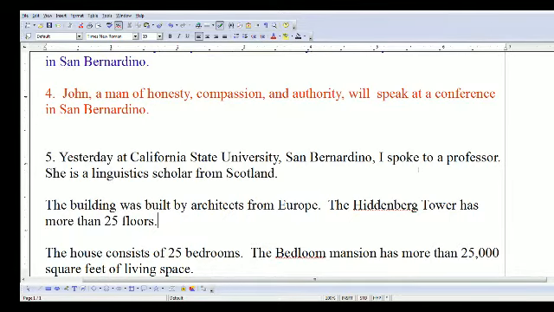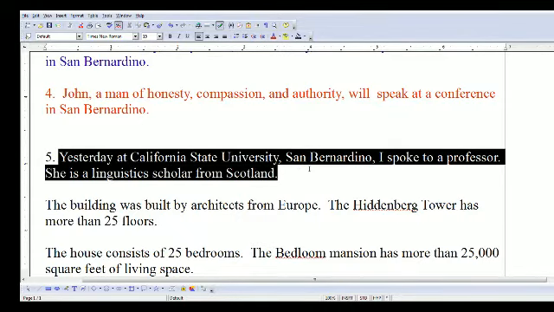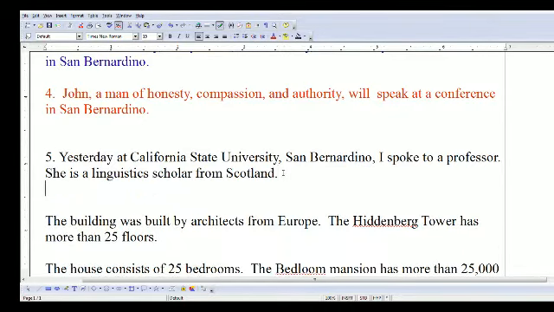We have, I spoke to a professor. Of course, you could say this. Actually, let me create another sentence here so you can kind of see the original. So let's go ahead and copy this, and we'll go to number 6.